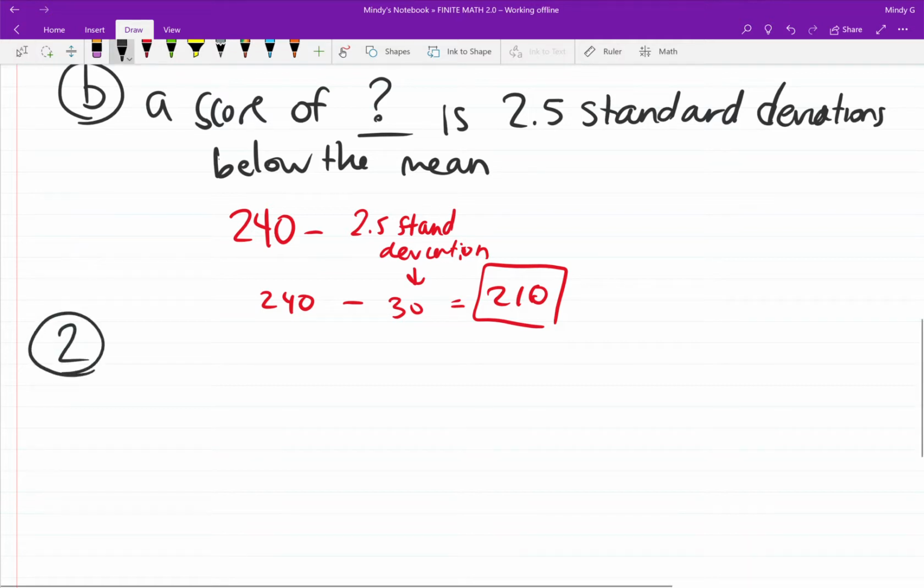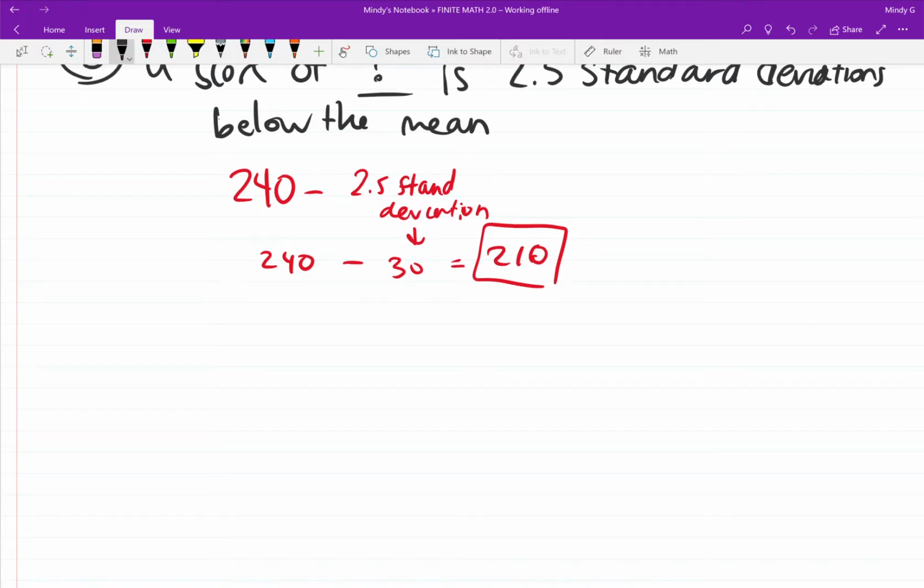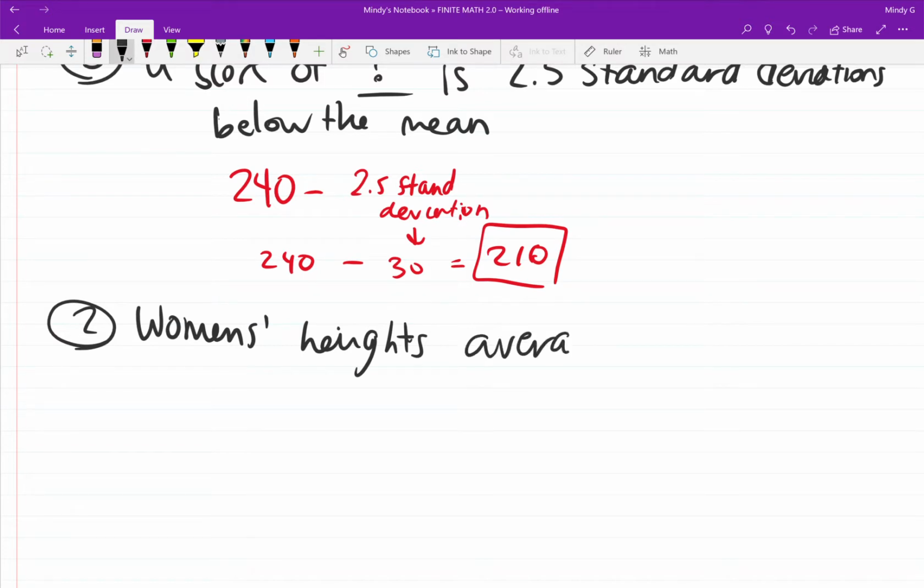All right. Example 2, I'm going to do example 2. Women's heights. Average 69 inches with a standard deviation of 2.8 inches.